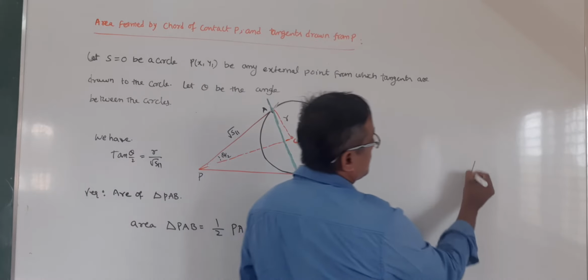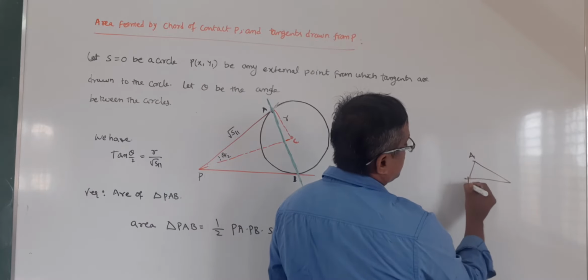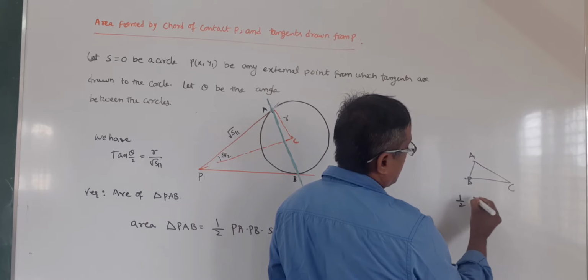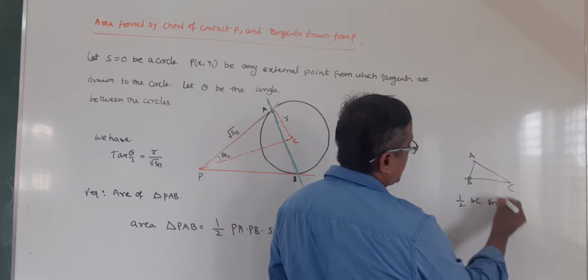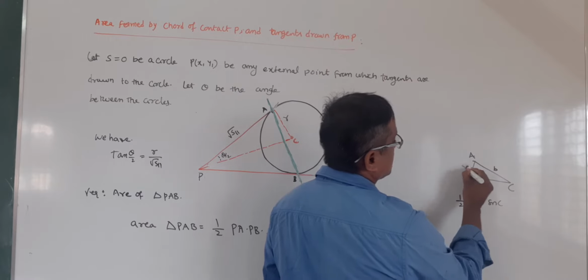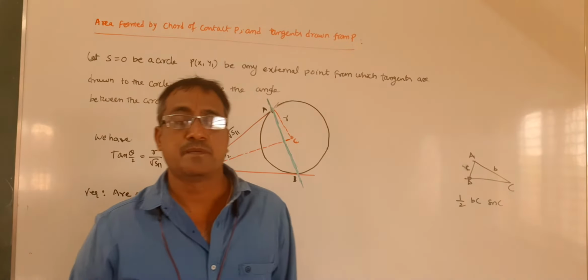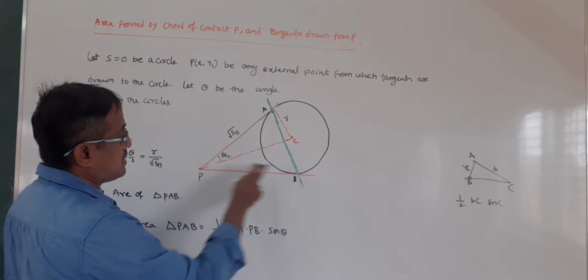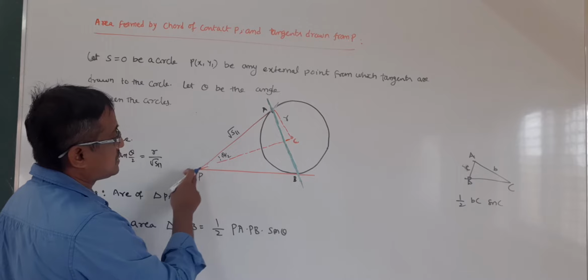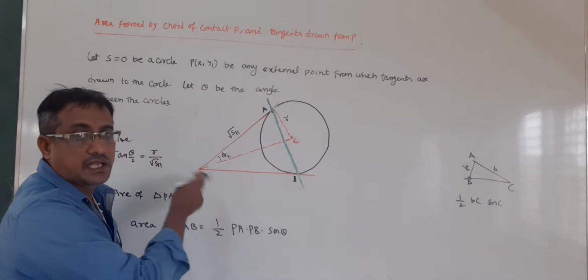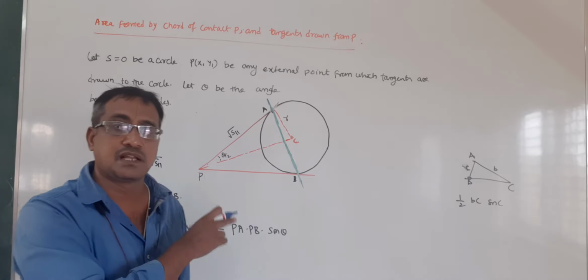You have this formula: if ABC is the triangle, then area of triangle is half bc sin A, where b is equal to AC and c is equal to AB. Similarly, we have a triangle PAB. So area of triangle is half PA, PB, including the sine of angle theta.